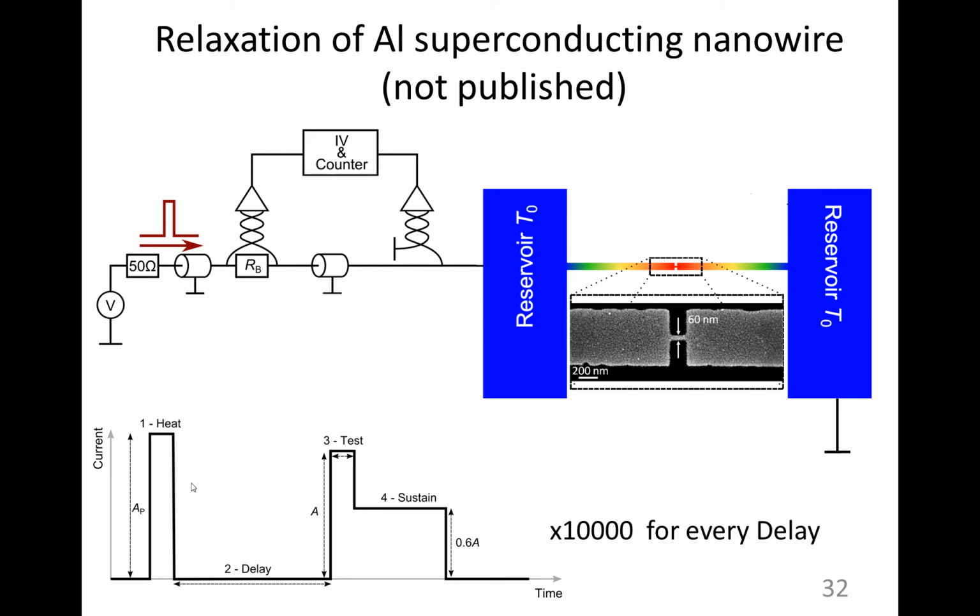Here the pulse pattern is very similar, but now our bridge acts as a heater for some time and acts as a thermometer for different times. So we send a heating pulse, and this current pulse is so high that it surely switches the junction.